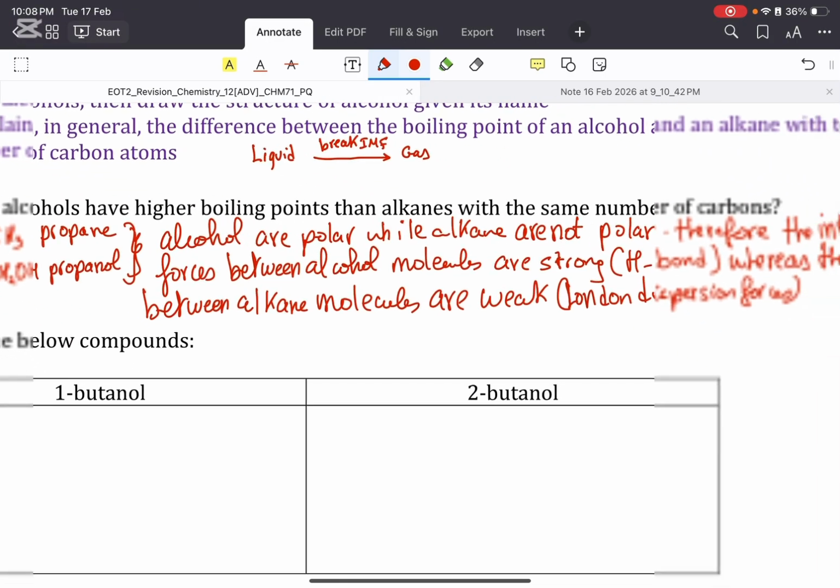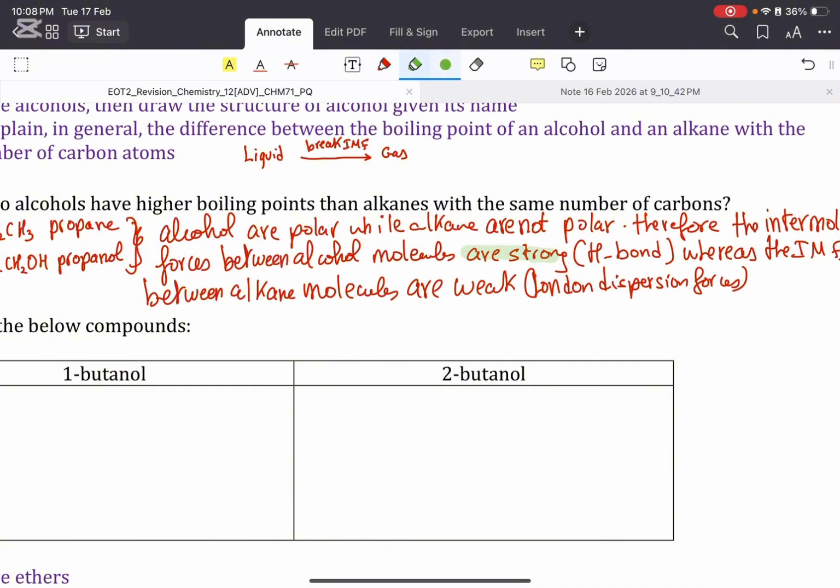So if these intermolecular forces are strong, if they are hydrogen bonds, because hydrogen bonds are known to be strong, therefore breaking those intermolecular forces would require more energy or higher temperature. But if the intermolecular forces between the molecules are weak, I don't need that much energy. The temperature shouldn't be that high in order to break those forces and make the liquid turn gas. So that is the reason.